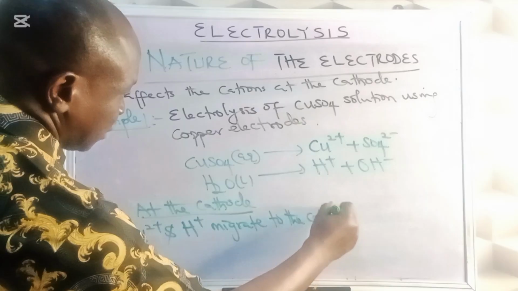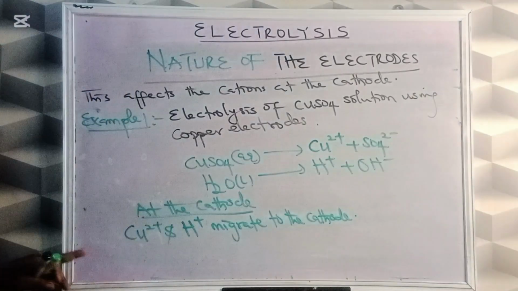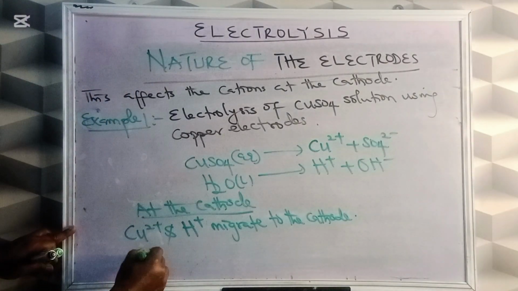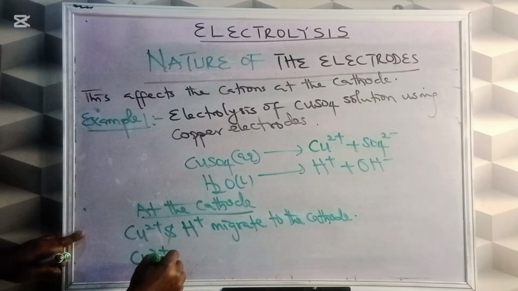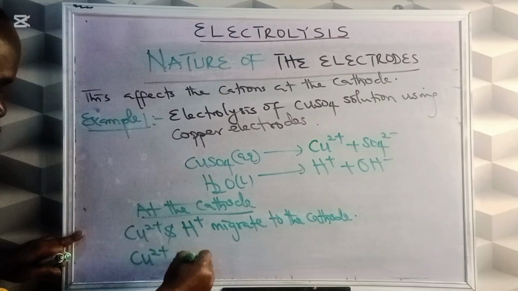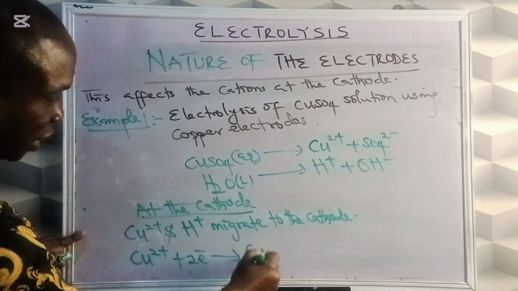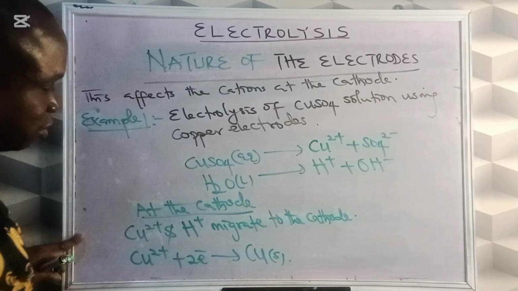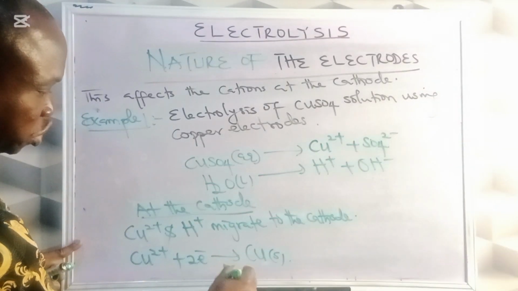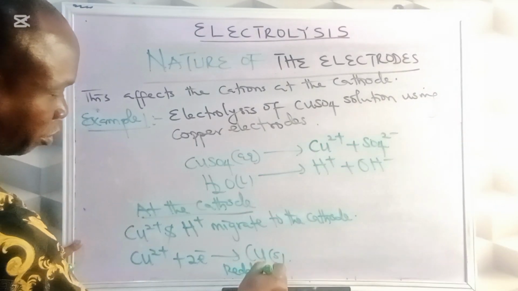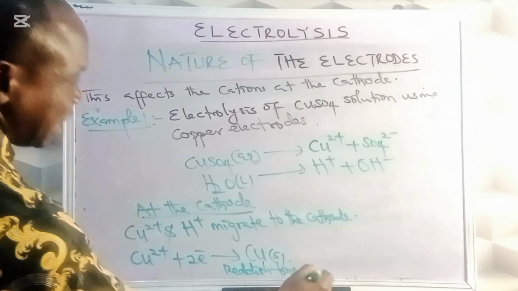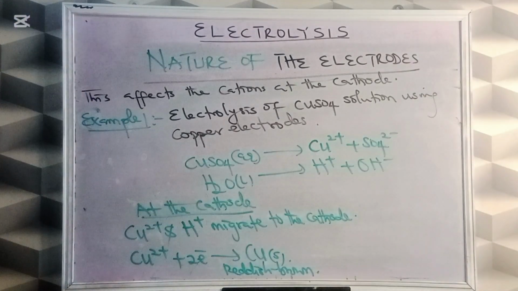Copper is below hydrogen, so the copper(II) ion is preferentially discharged. Plus 2 electrons to give you copper. So reddish brown copper is deposited at the cathode. Then let's move to the anode.